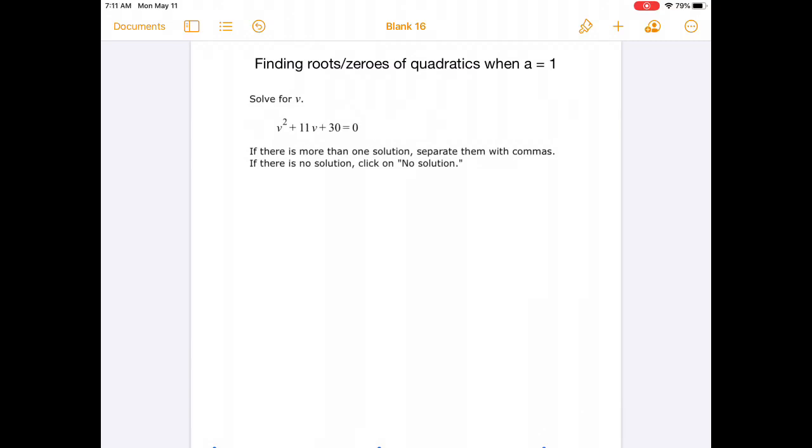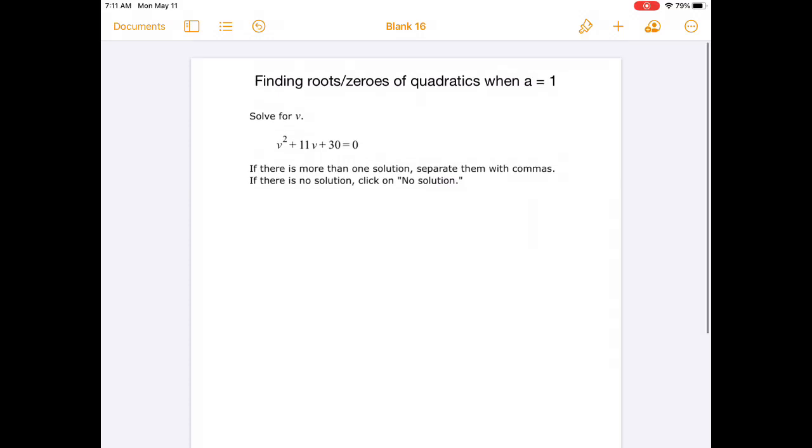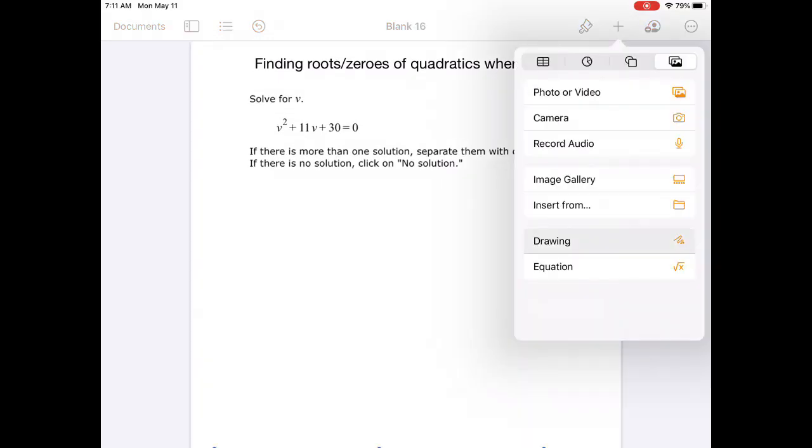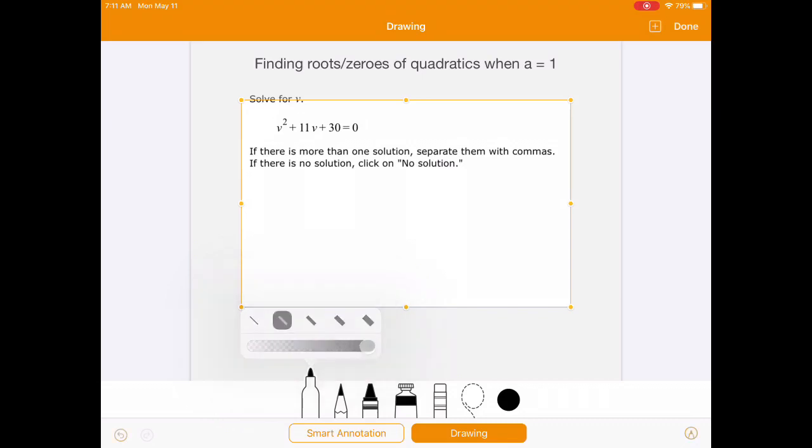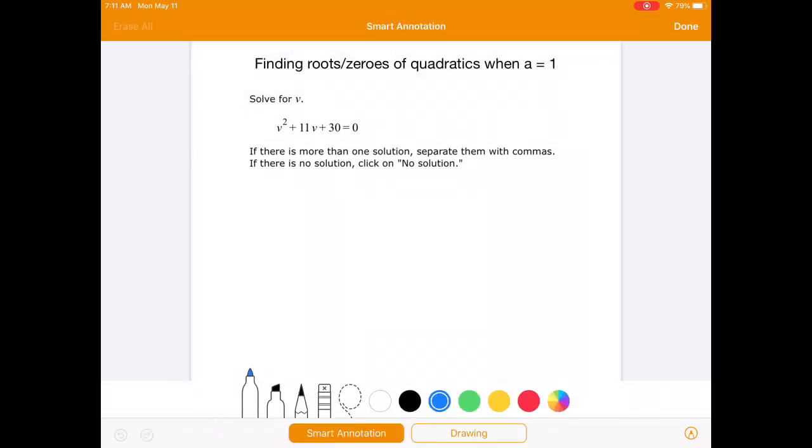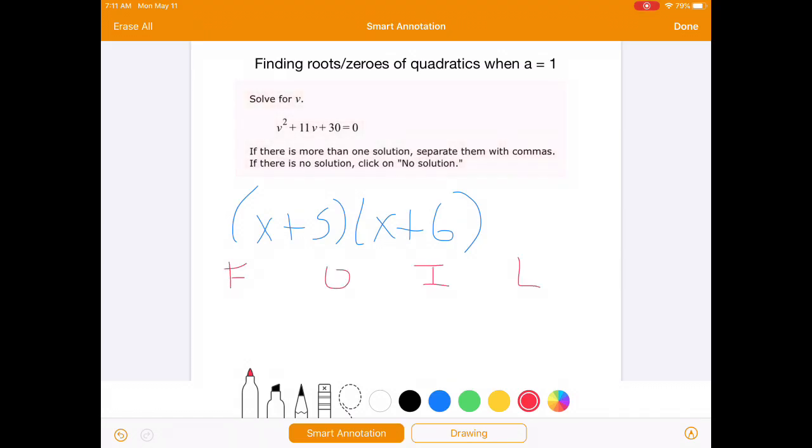Here is our first example. We're keeping everything positive here to make this a little bit easier. So if you remember the FOIL method, when we had a set of binomials, something like x plus 5 times x plus 6, foiling this meant that we would take the product of the first terms. So let me try to color code this here. x times x would be x squared.